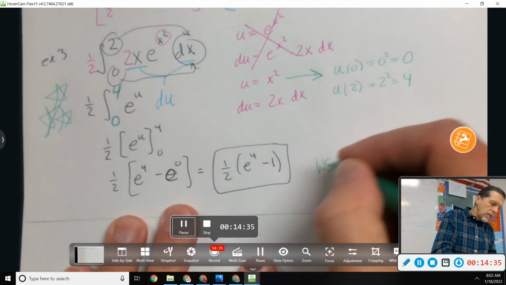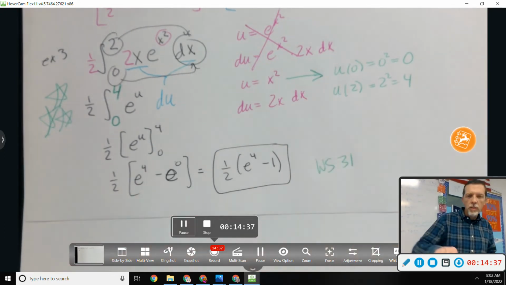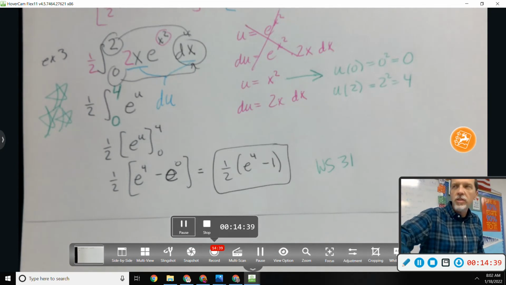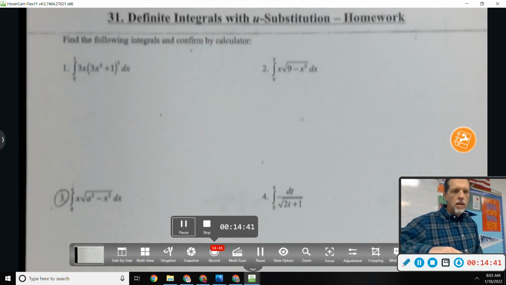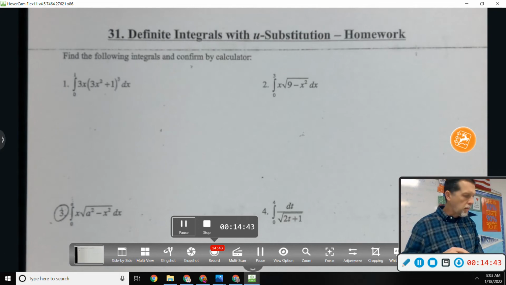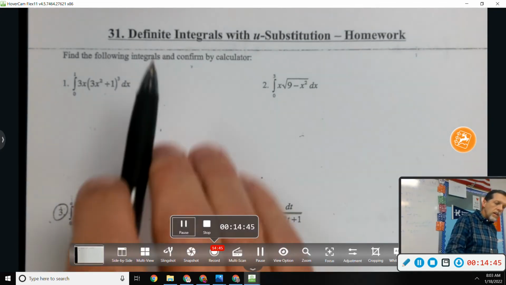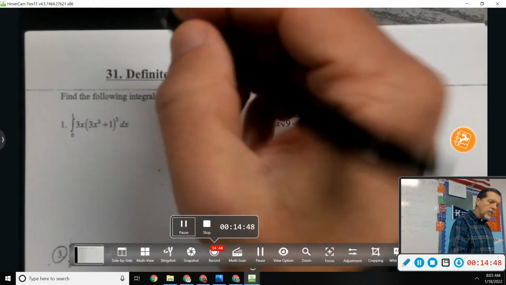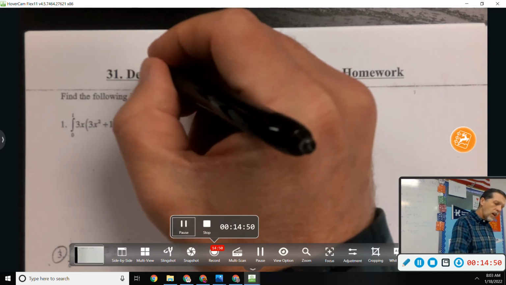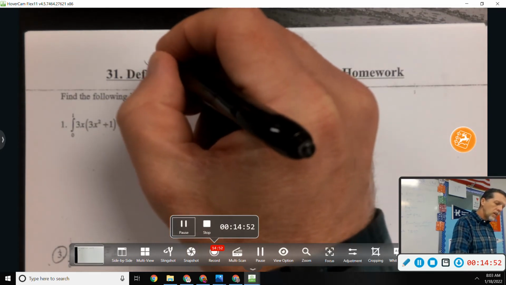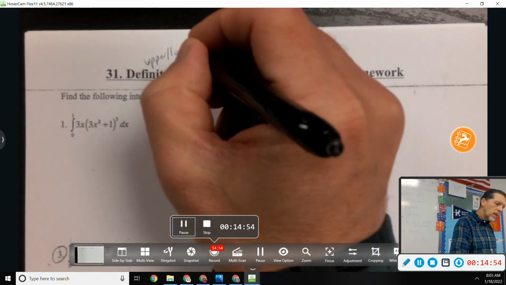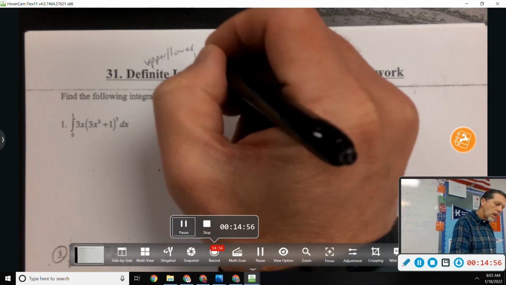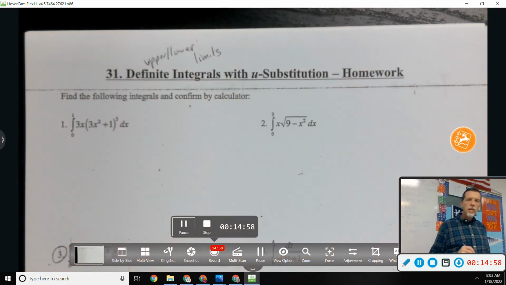The assignment is worksheet 31 that I'm about to pass out, but then we'll do a couple of those together as well. All right, so the assignment is this worksheet. Definite integrals. So that means upper and lower limits, with u substitution.